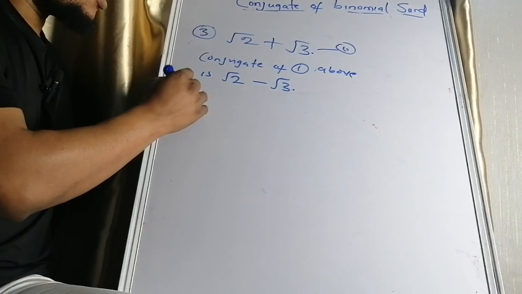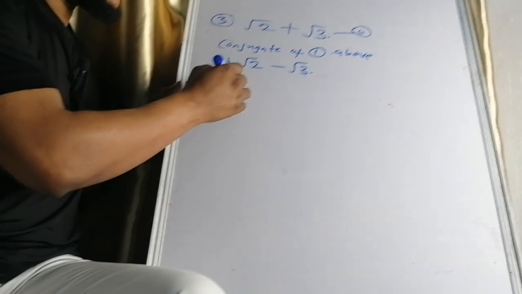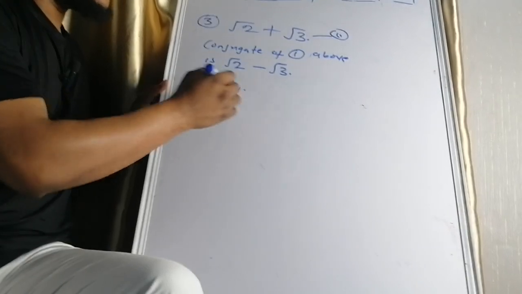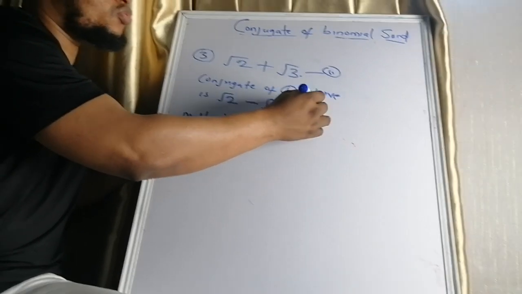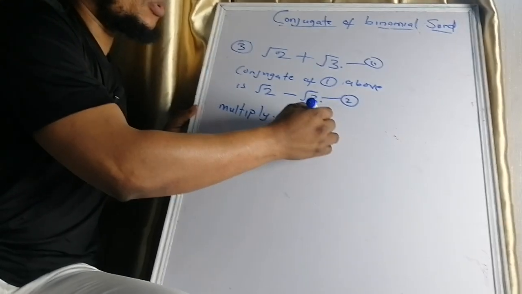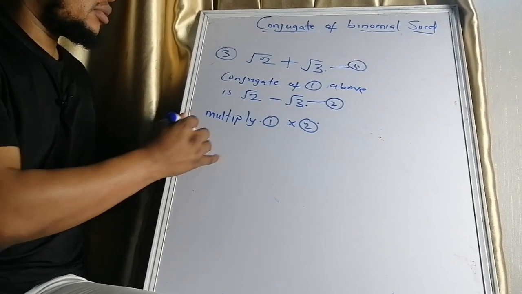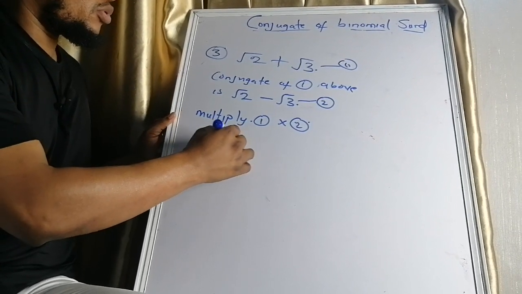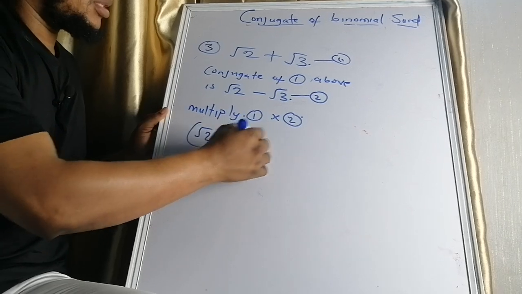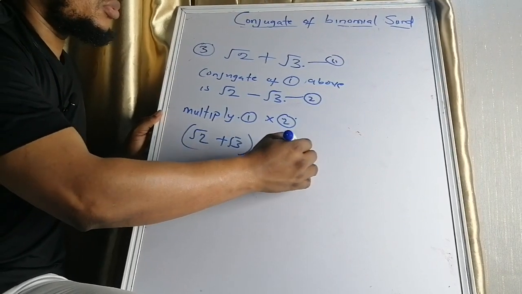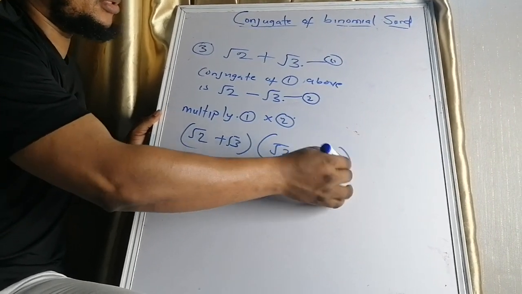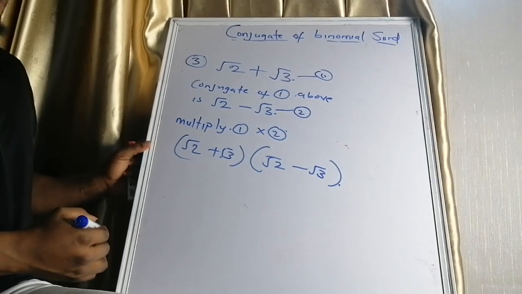The next step is to multiply. You can name this one as what? 2. Multiply 1 and 2. So it means this is root 2 plus root 3 times root 2 minus root 3. Very simple.